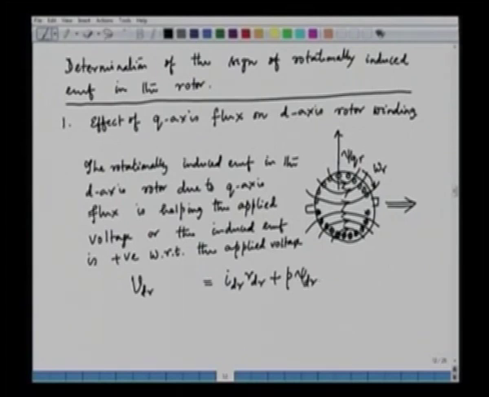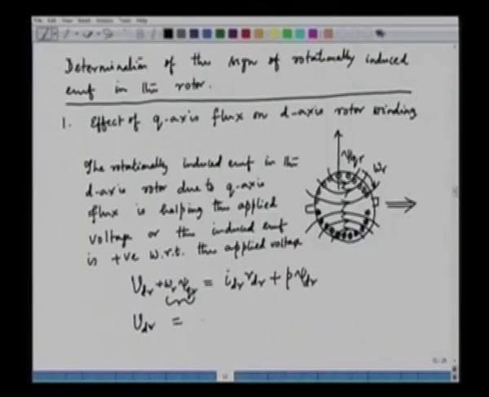We didn't know whether the sign of the rotationally induced EMF would be positive or negative. As per this analysis, we have shown that the rotationally induced EMF will be helping the applied voltage. Helping means it is plus omega r psi q r. It means that the sign of the applied voltage and the rotationally induced EMF in the d axis are additive, are in the same sign.